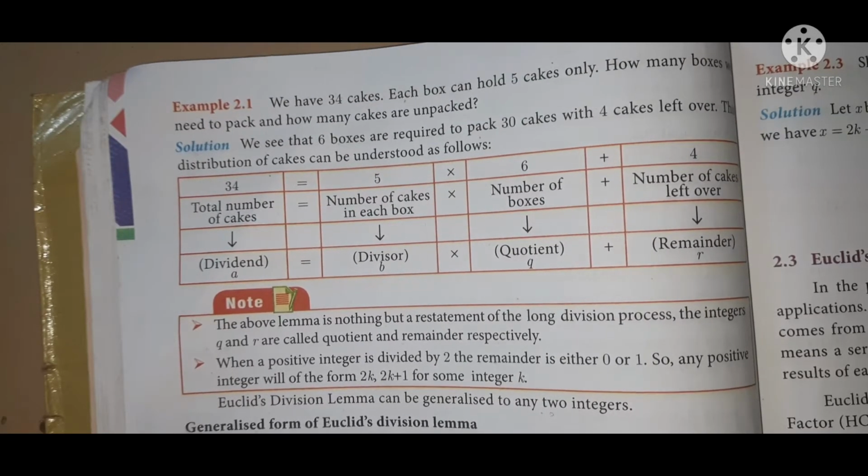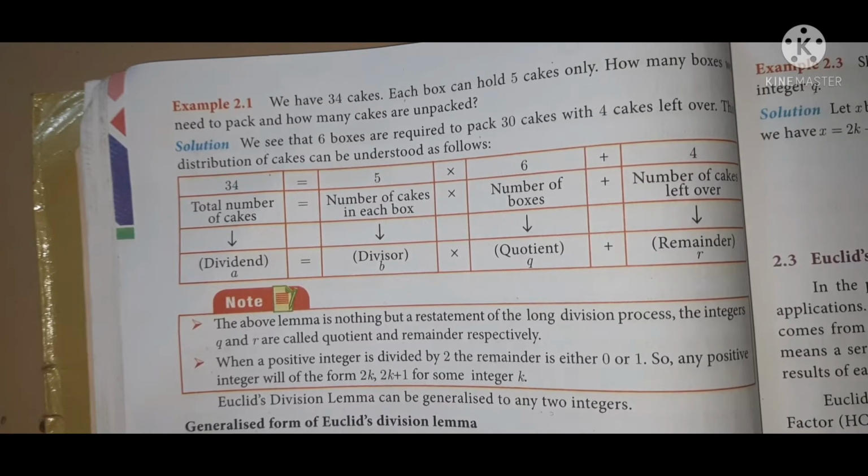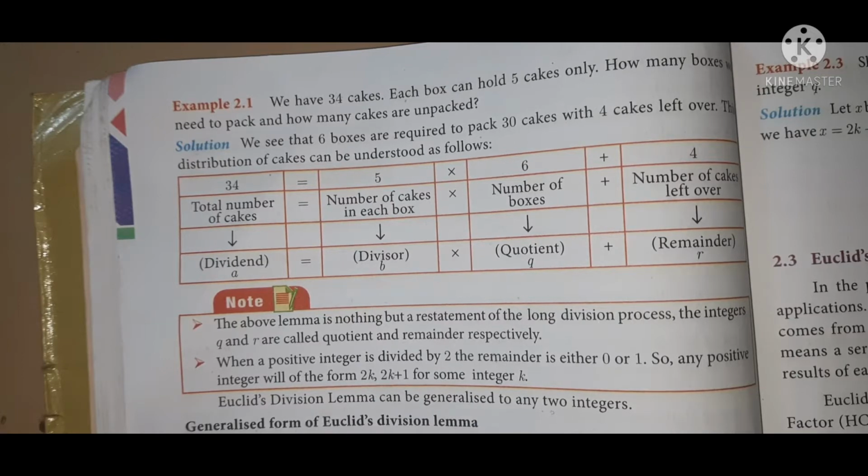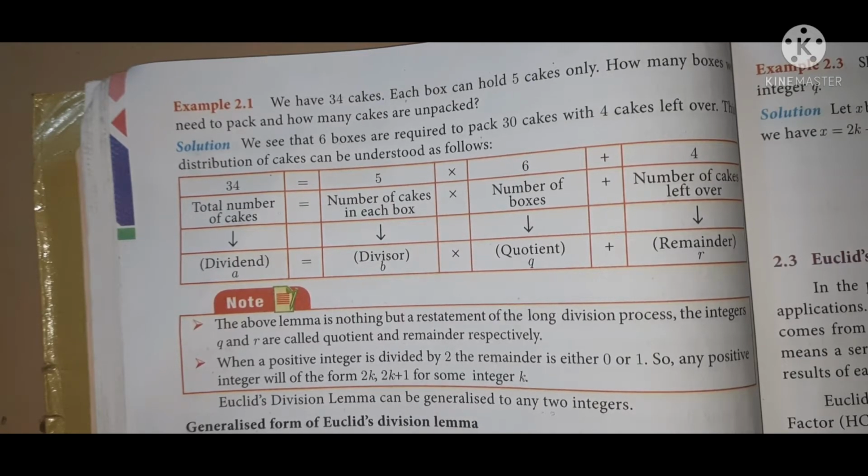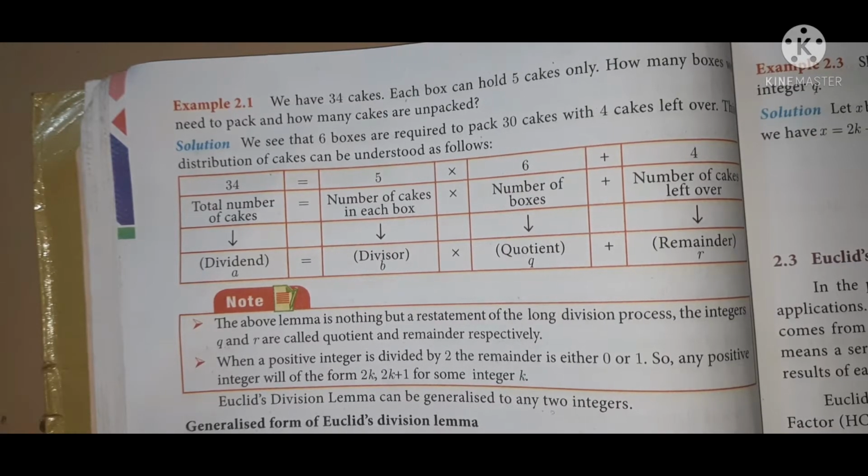Each box contains only 5 cakes. To find the number of boxes needed and also the number of cakes unpacked, 34 is the dividend, 5 is the divisor.